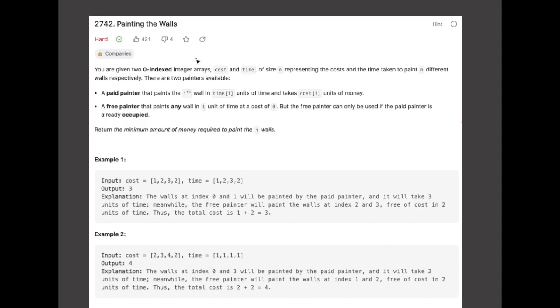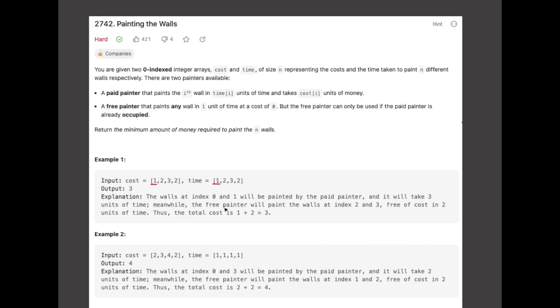In this problem, basically you are given walls of size n, and each wall has a corresponding cost and a corresponding time. So if you take a look at the example, this 1 and 1 basically means, to paint the first wall, you need to cost 1 unit of money and it takes 1 unit of time.